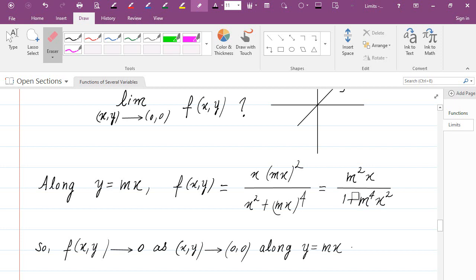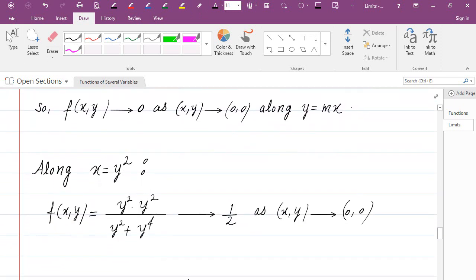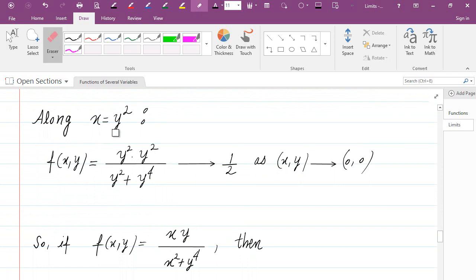So we see that the limit of f is 0 as (x, y) approaches (0, 0) along any straight line passing through the origin. Well, does that mean that the limit is indeed 0? Well, let's see what happens when we approach the origin along this parabola.